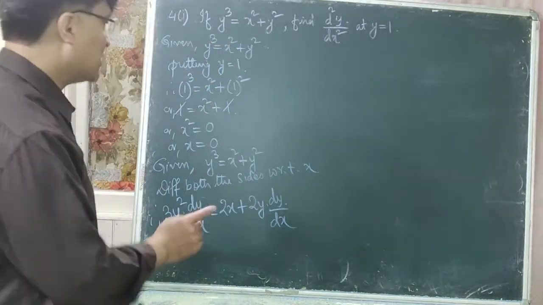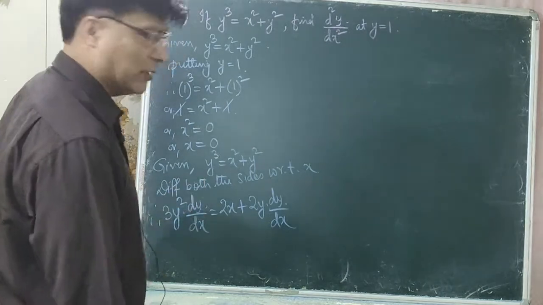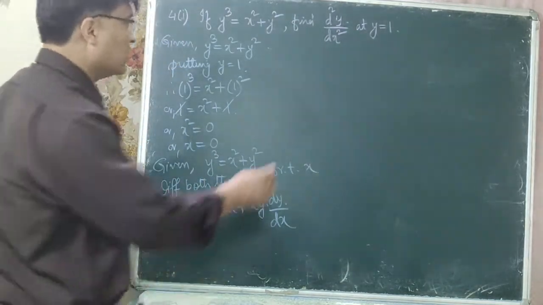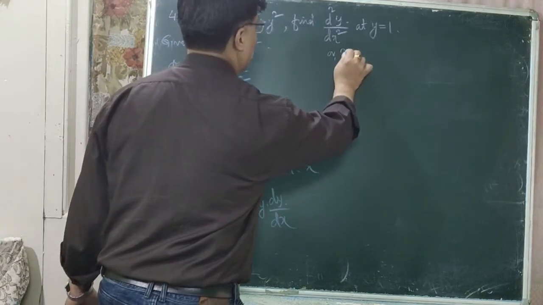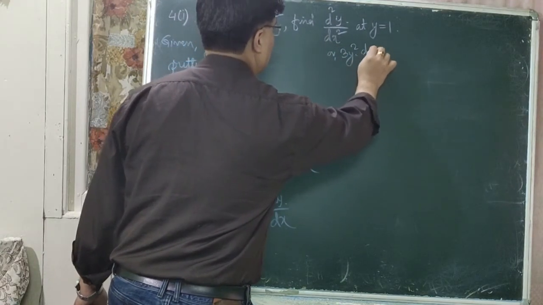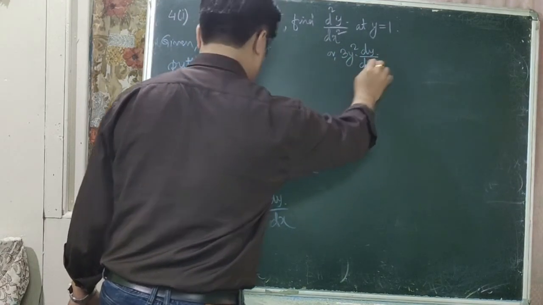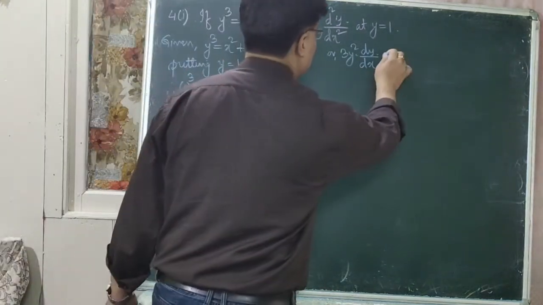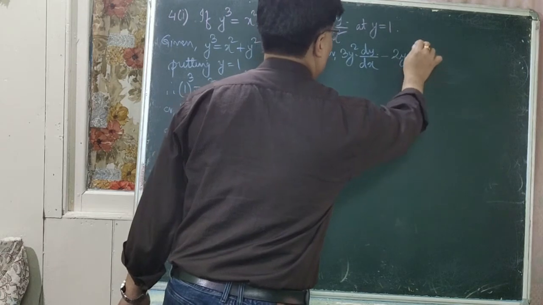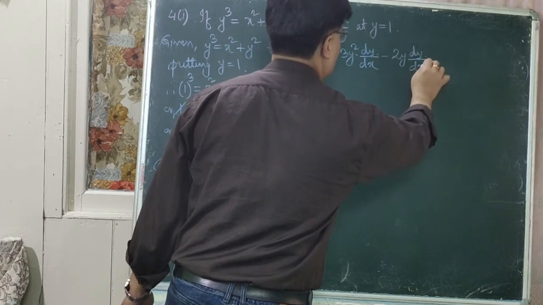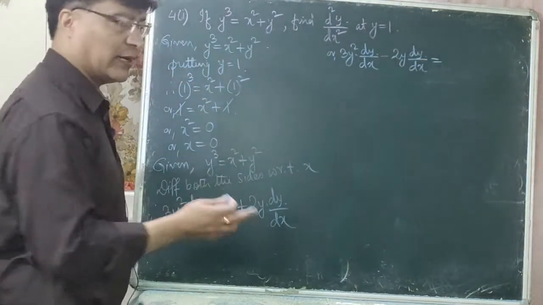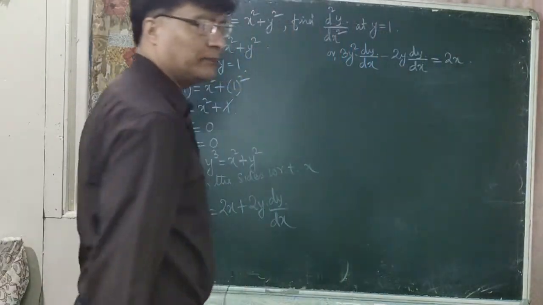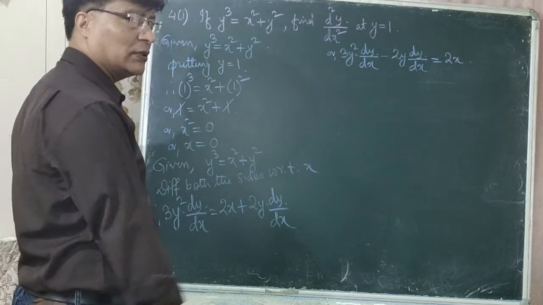So now let us get the value for dy by dx from here. Now keep the terms containing dy by dx on the left hand side. So this is your 3y square into dy by dx. Next plus 2y dy by dx taken to the left hand side becomes minus 2y dy by dx, which is equal to, on the right hand side there is 2x. Is that clear? So what is common on the left hand side?